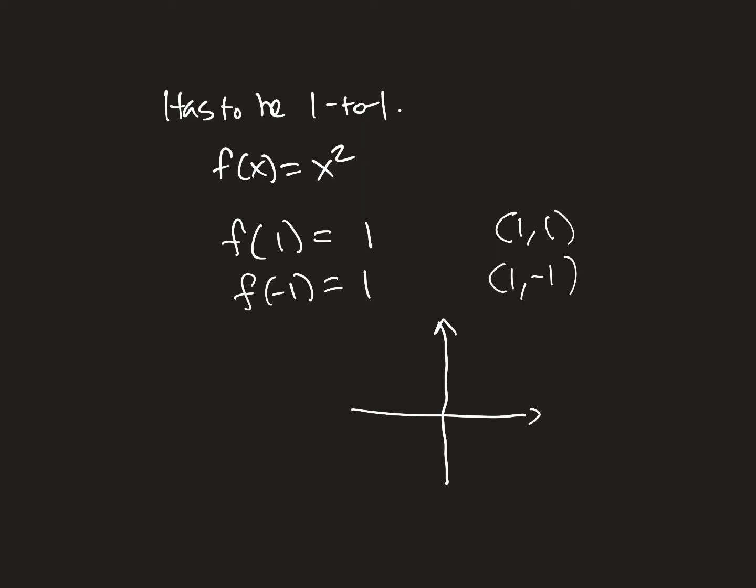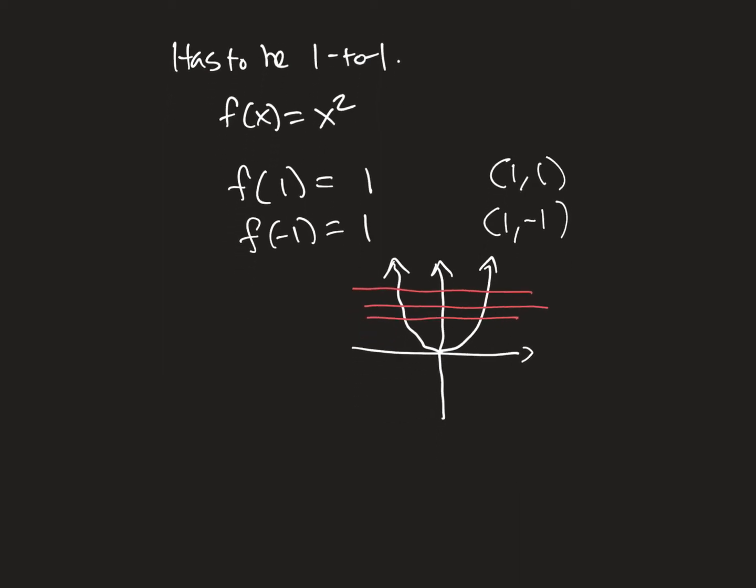Well, the same idea applies with the horizontal line test. This is not invertible because there are many horizontal lines, infinitely many, that I can draw that cross the graph more than once. So that's a problem. It means y values are repeating, so it's not invertible.